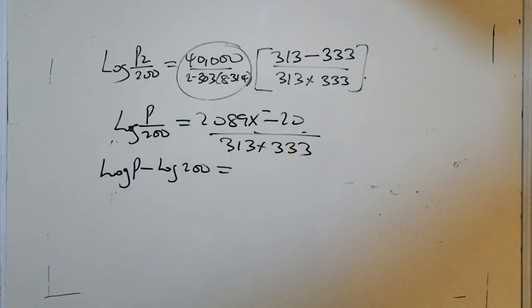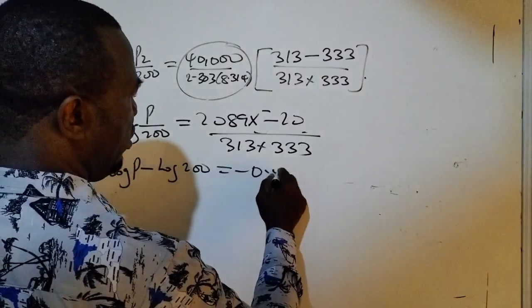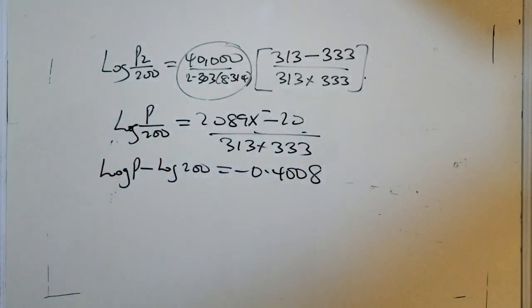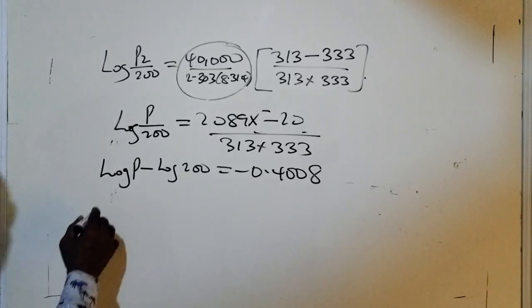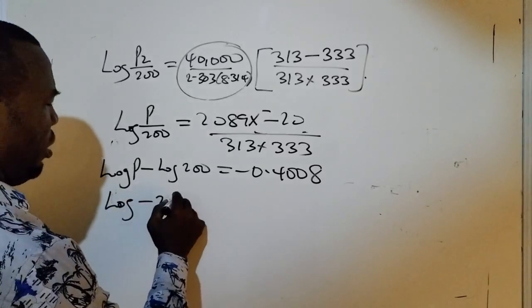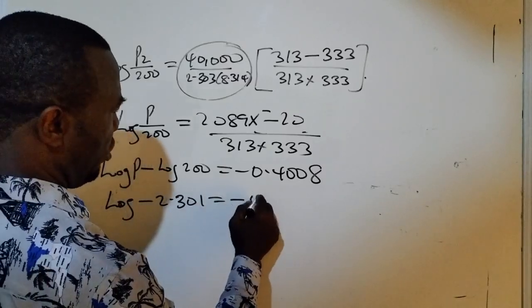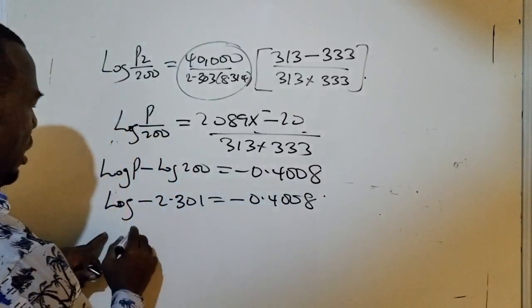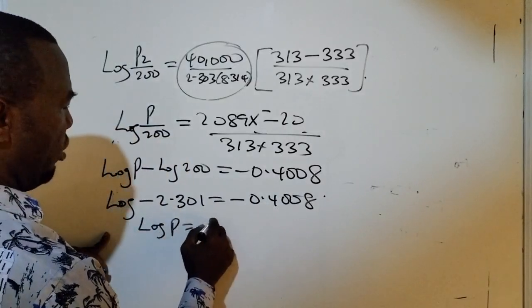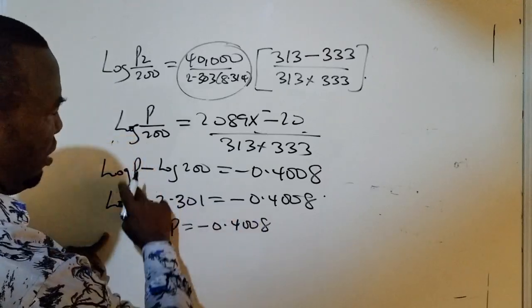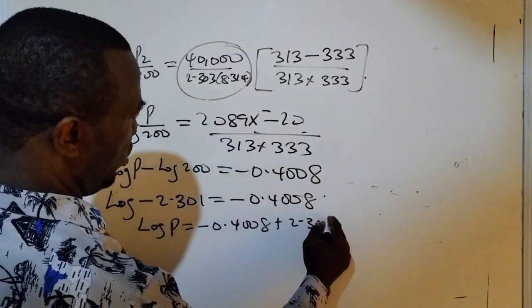When we evaluate the right hand side, we're going to get negative 0.4008 on this side. So we'll find log of 200. Log of 200 is 2.301. So we have log P2 minus 2.301 equal to minus 0.4008. That means log P2 becomes minus 0.4008, crossing this to that side, plus 2.301.